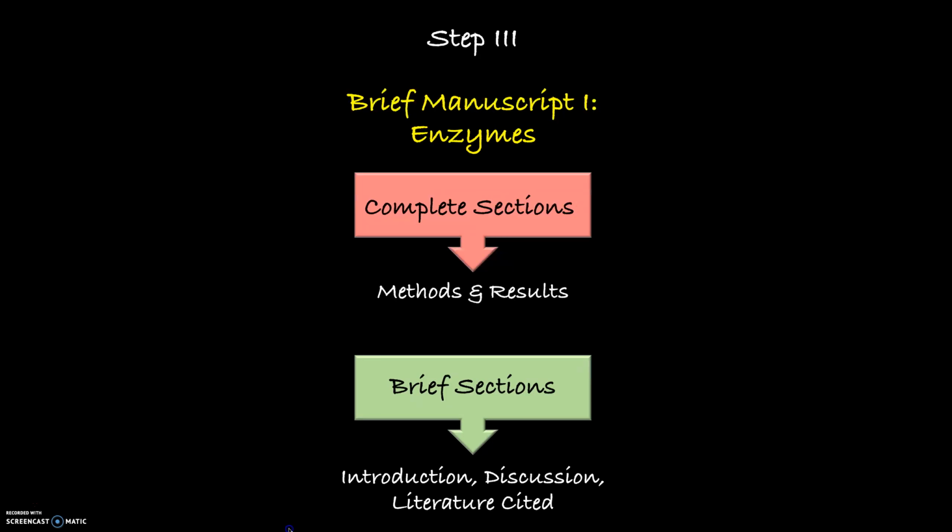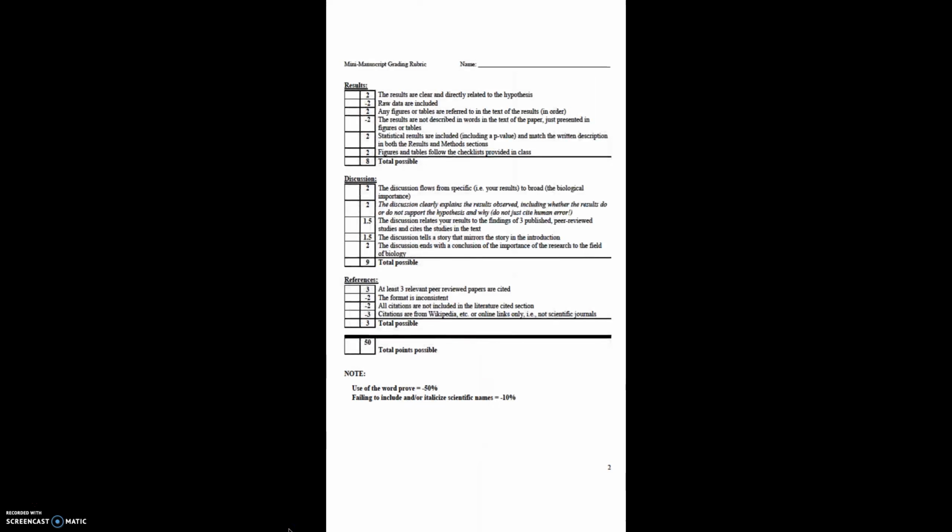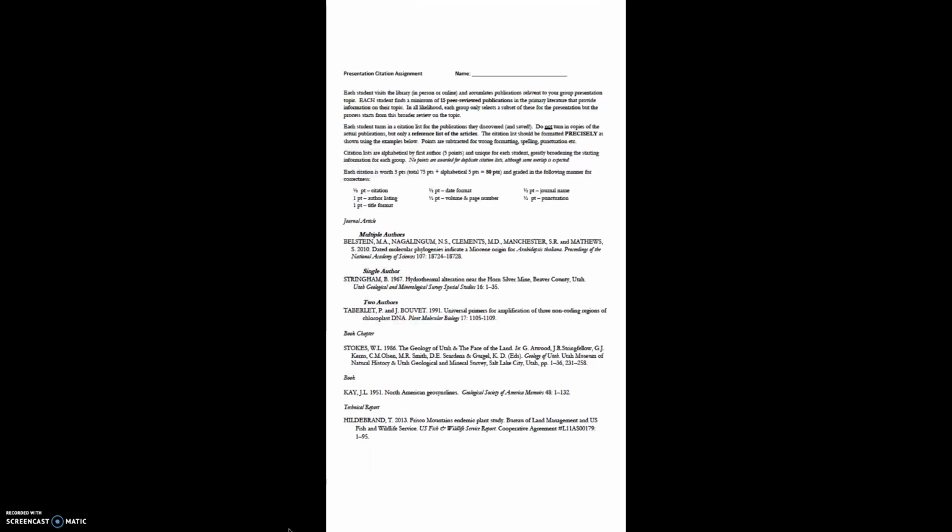A detailed rubric is used to assess all components of the manuscript, with adjustment for brief sections in italics and complete sections that include italicized and non-italicized components. The scaffold extends higher with the assignment of an exercise in which students write citations from a literature search on papers of a topic that interests them.